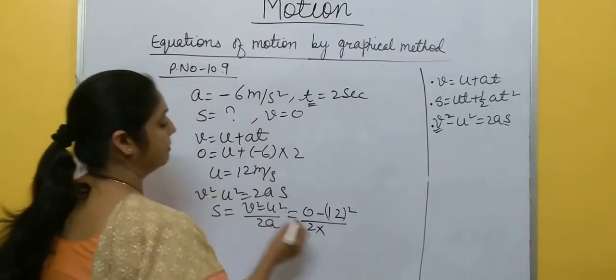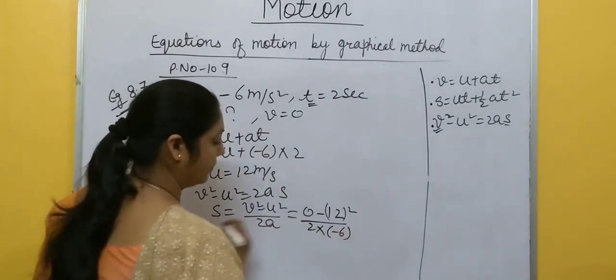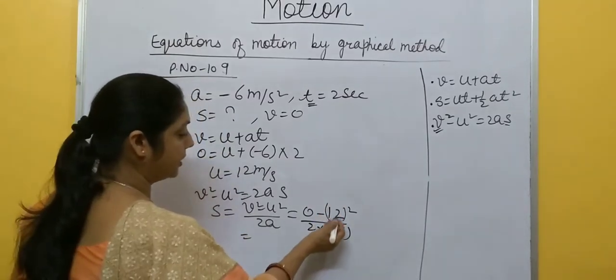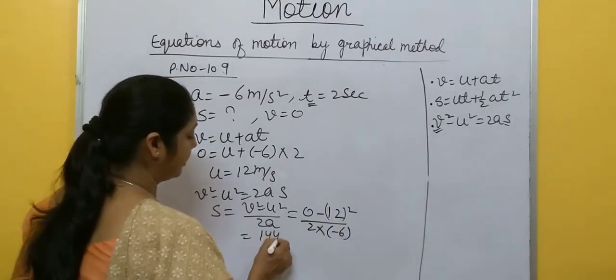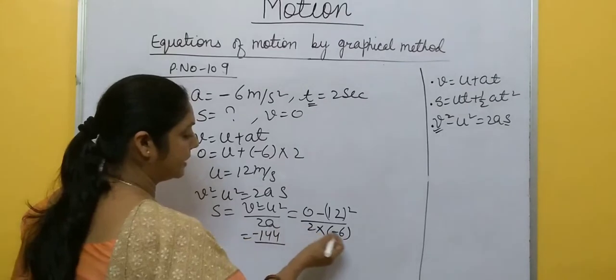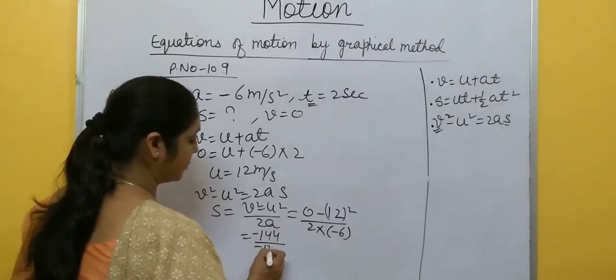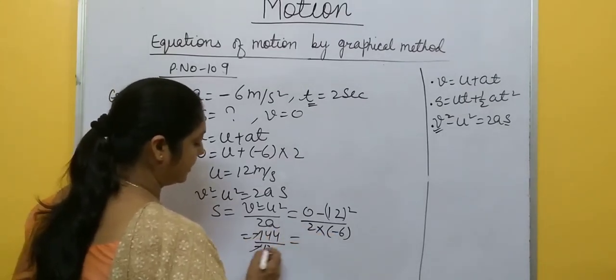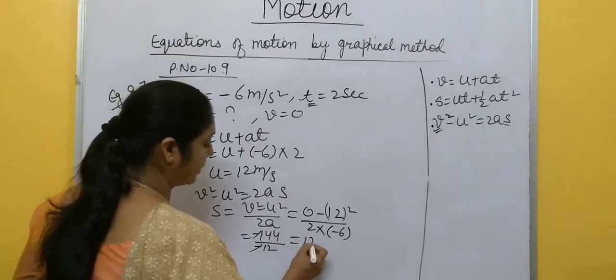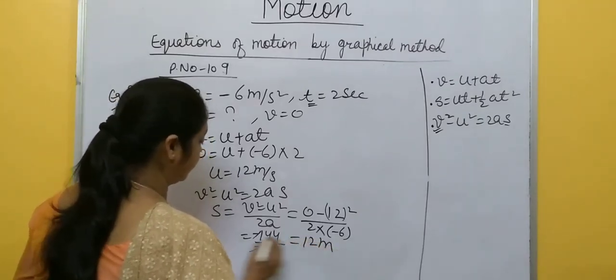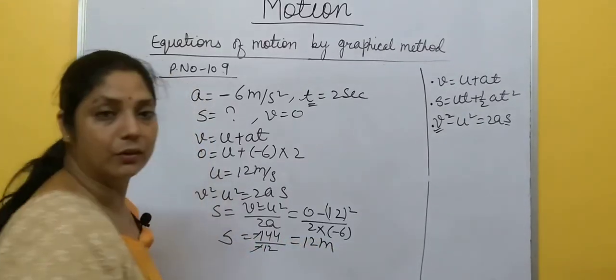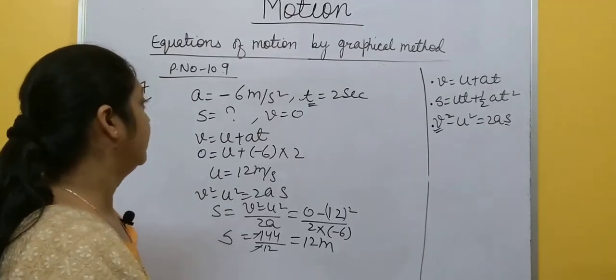A is minus 6. 12 square means 144, minus by 6 into 2, 12, so minus 12. Negative, negative cancel, 12 again 12 is 144 meter. In this way, you calculate distance.